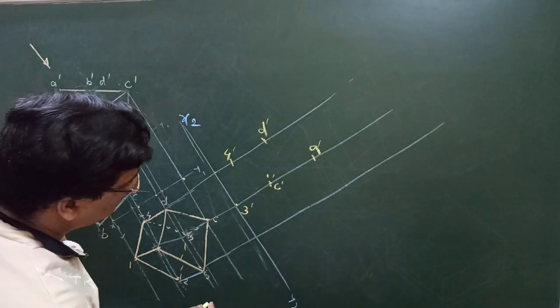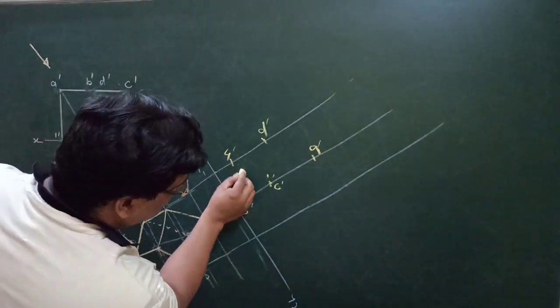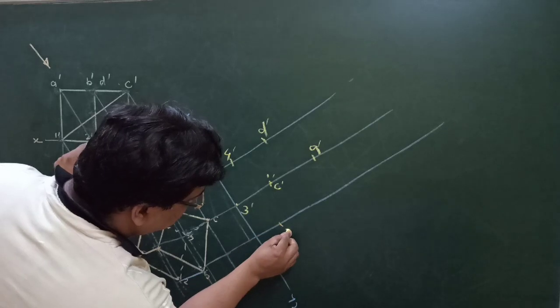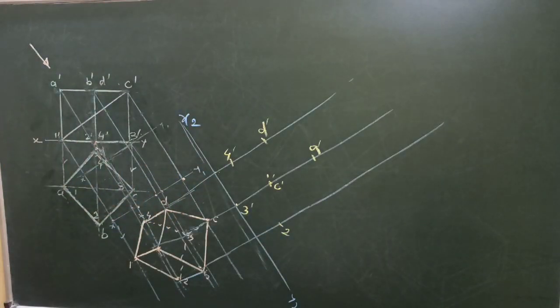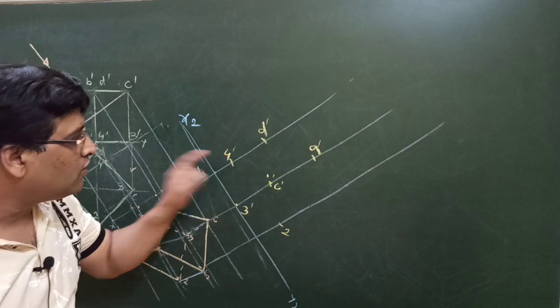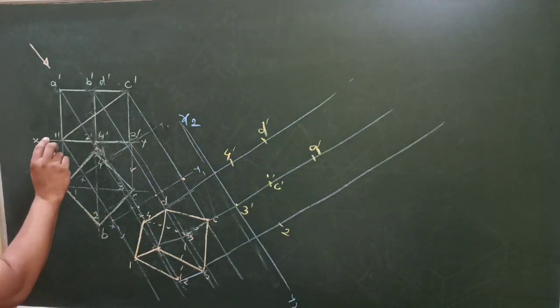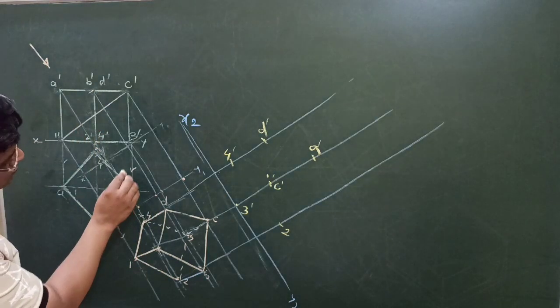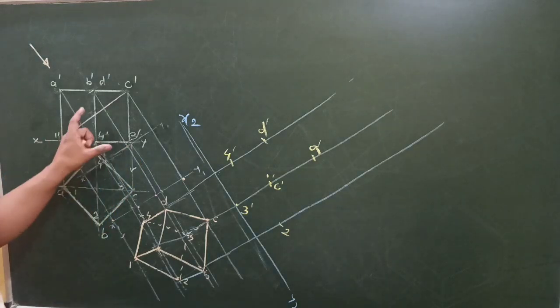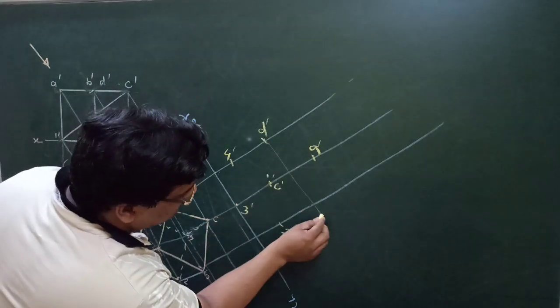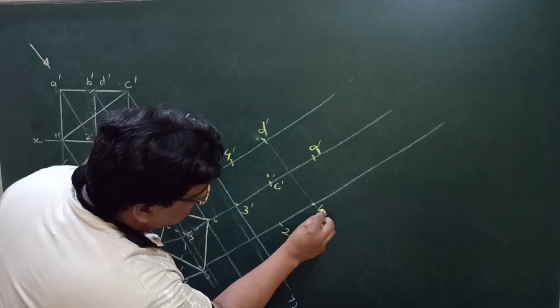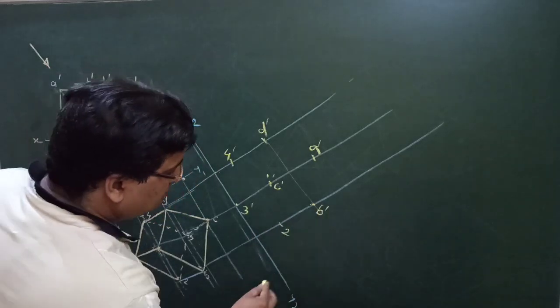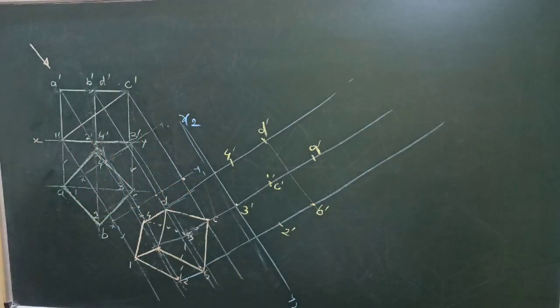This much of distance you have to take equal to this one. That is equal to the distance of 0.4. Similarly for B, from here to this XY line means equal to the distance of D. So this will be point B. So this is B dash, this is 2 dash.